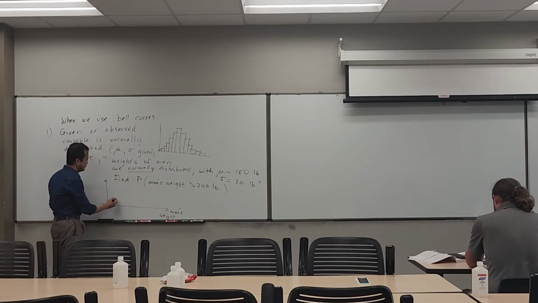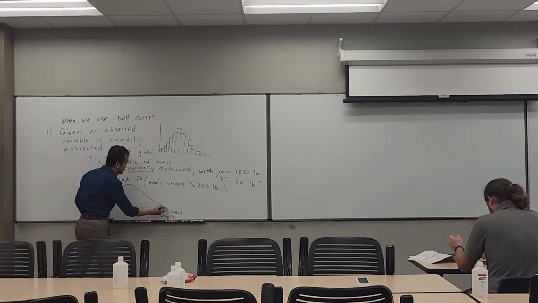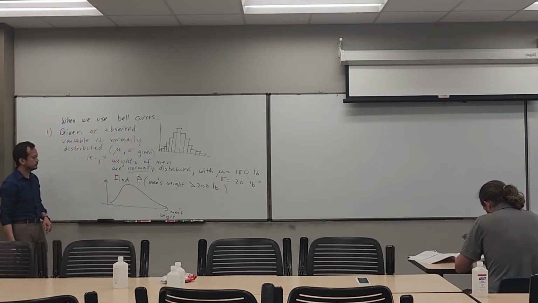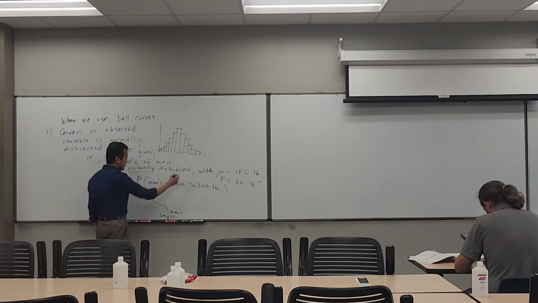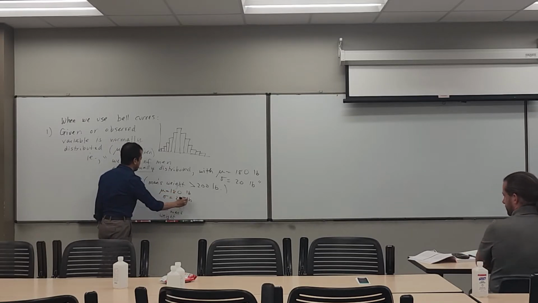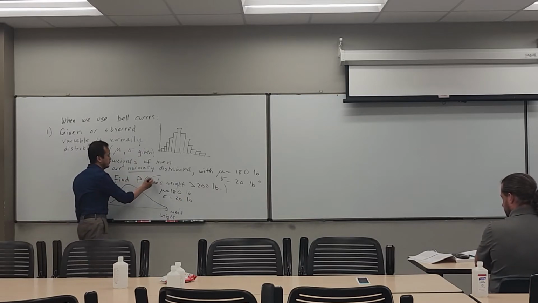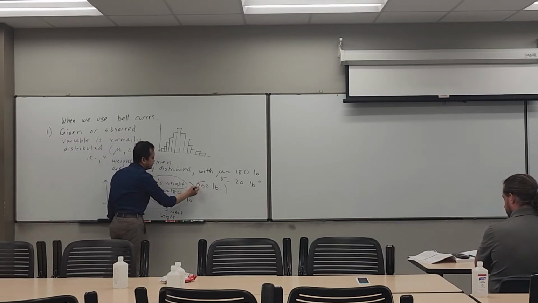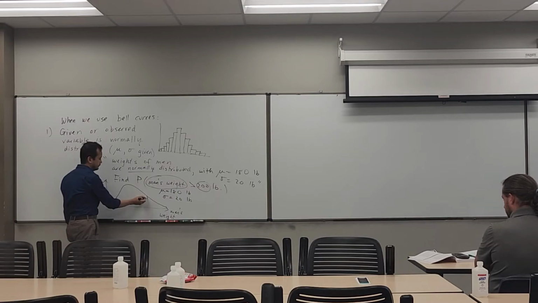So you can go ahead and draw out the normal distribution or bell curve. It's given to you that the mean is 180 and the standard deviation is 20, and you want to find the probability that this variable is greater than this number. So you locate the number on the distribution for the variable.